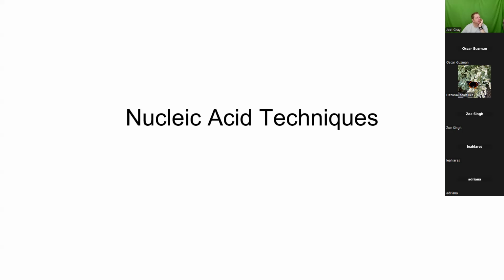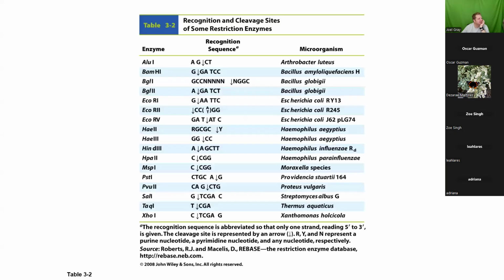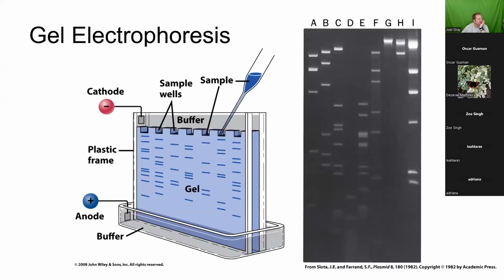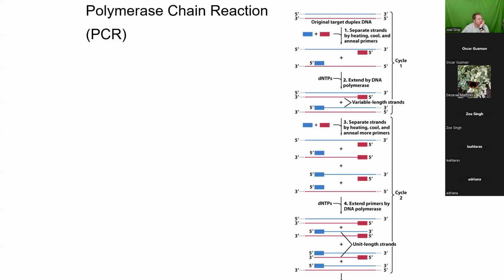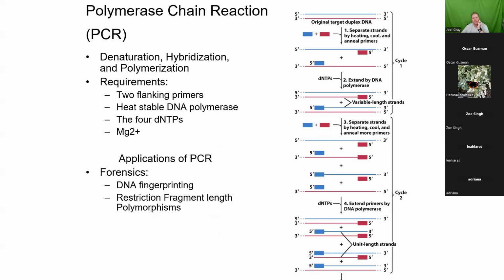This is our last bit of new material, and I've been debating basically all morning where I should stop. I think what I'm going to do is stop at the polymerase chain reaction.